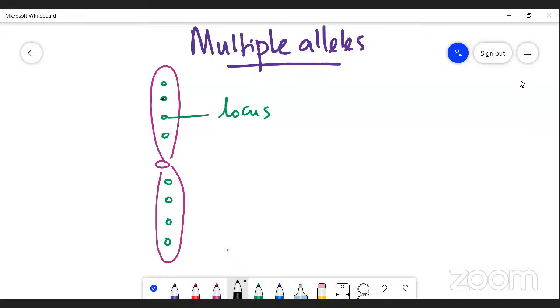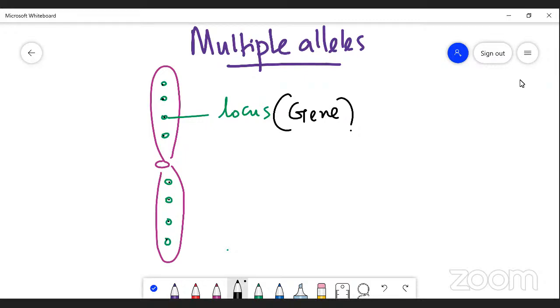Here, a series of allelic forms of genes are located. So a group or a series of allelic forms of genes occupying the same locus of the chromosome, in order to determine a particular character, is called a multiple allele.